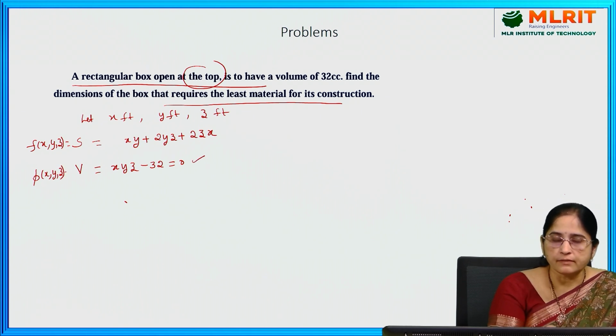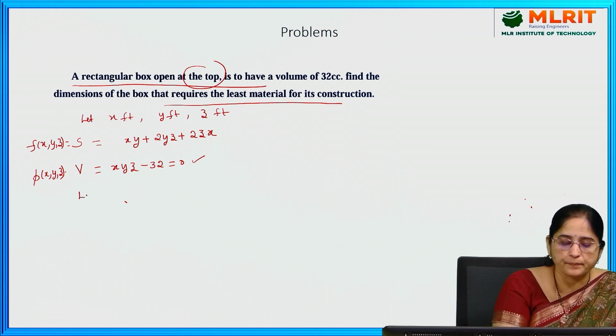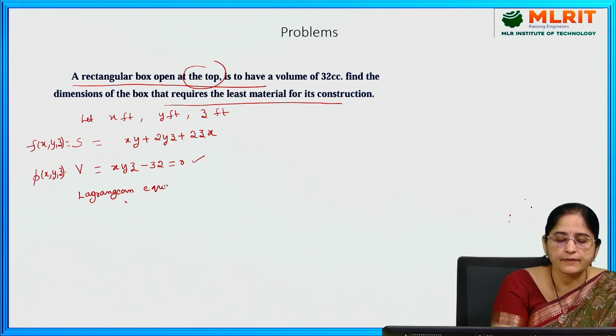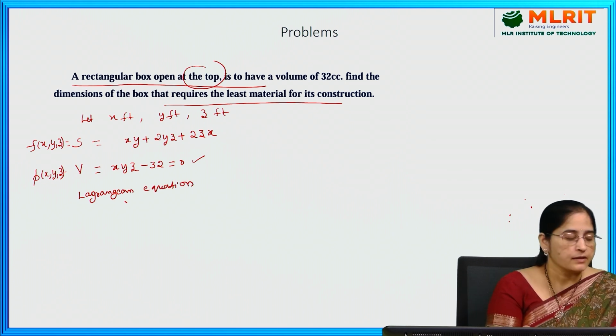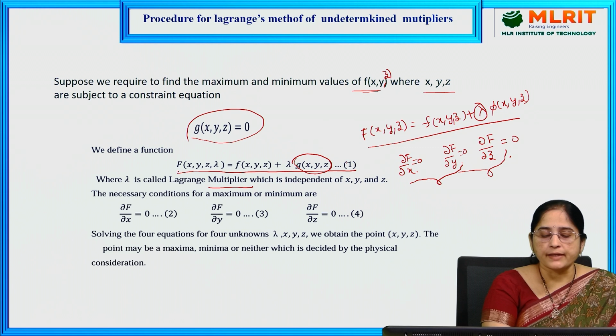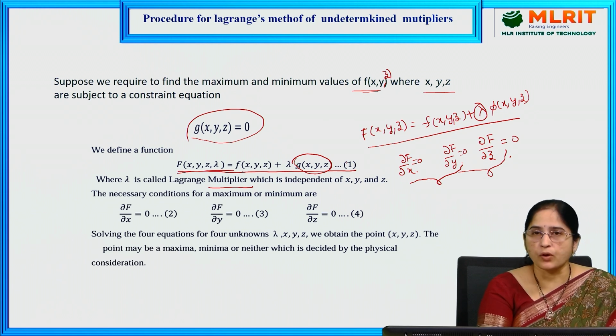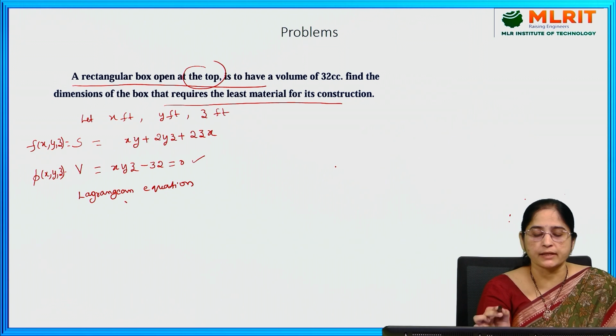First, we write the Lagrangian equation. The formula is capital F of x, y, z equal to small f of x, y, z plus lambda into phi of x, y, z. I am using that formula.